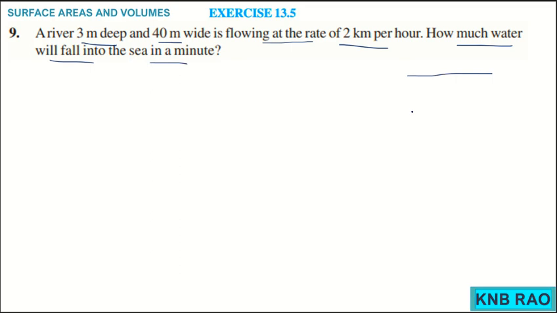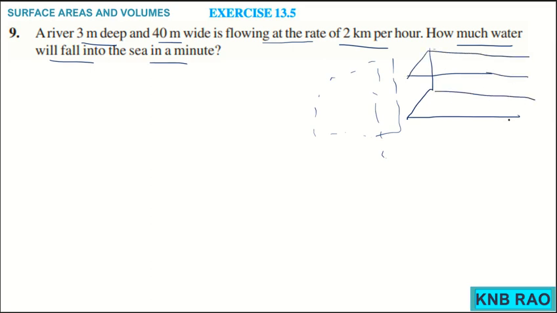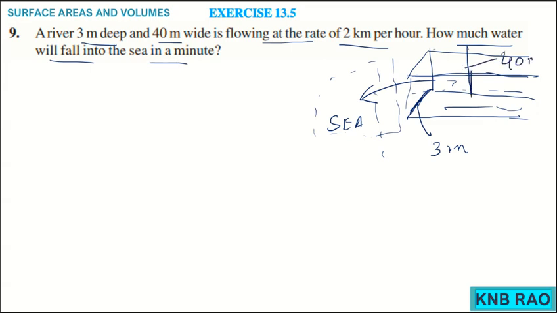Let's say a sea is receiving water when water flows from the river. Now when water is flowing and falling into the sea, the depth is given, it is 3 meter, and the width is given, it is 40 meter.